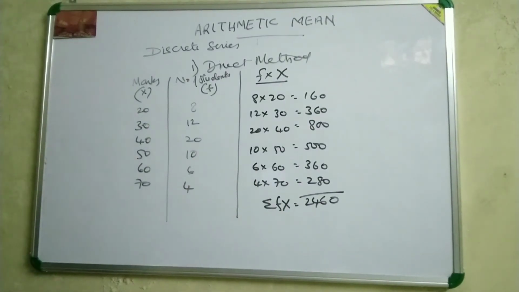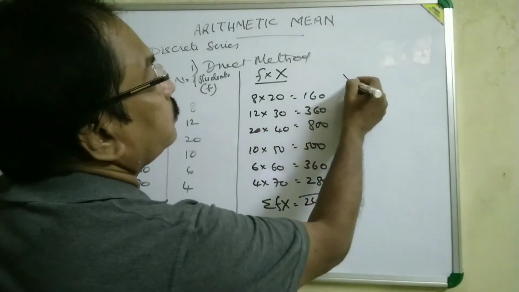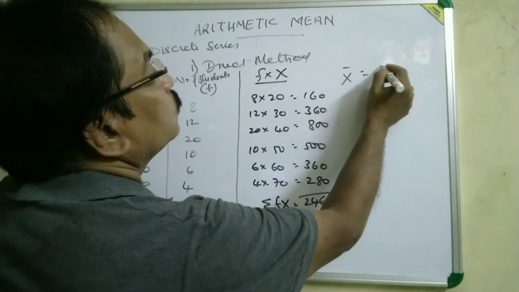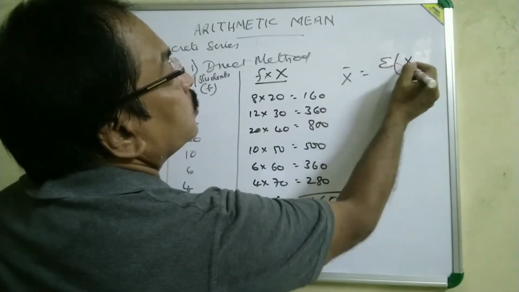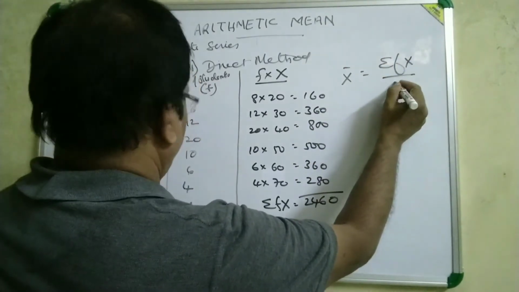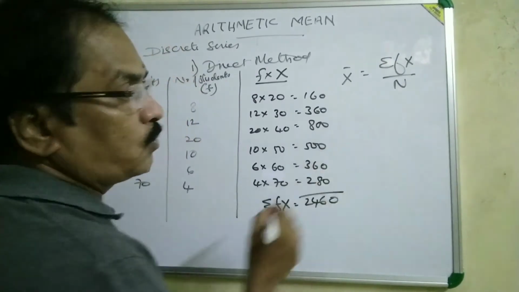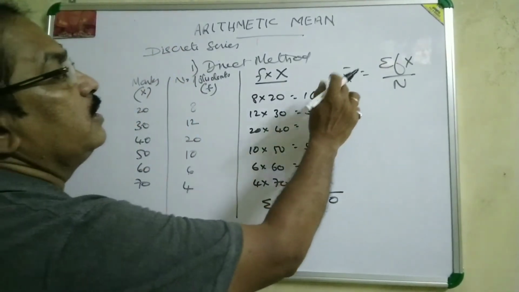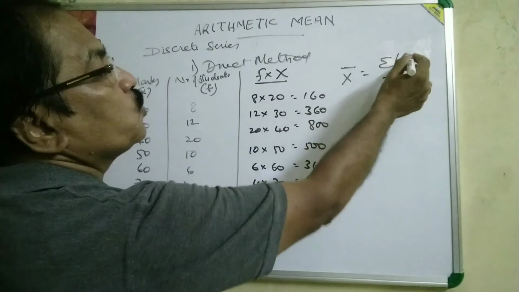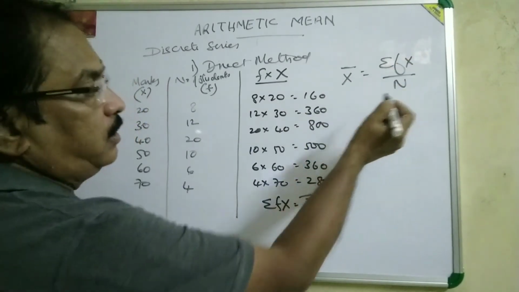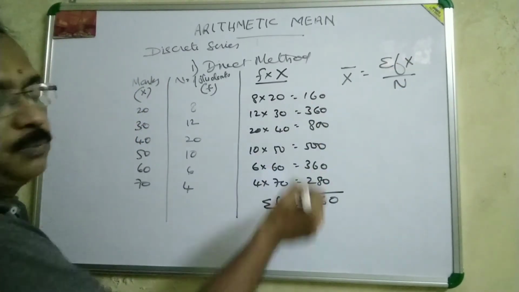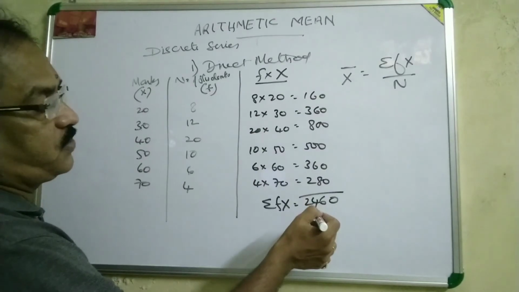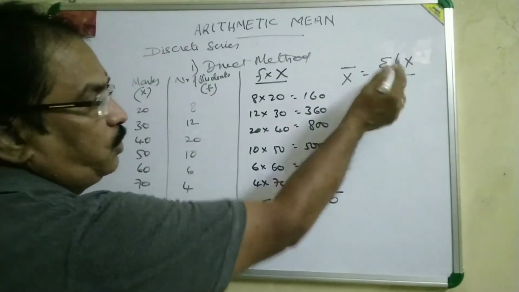Now we have to calculate arithmetic mean, that is x bar is equal to sigma fx upon n. Sigma fx we got, sigma fx means the total of fx.